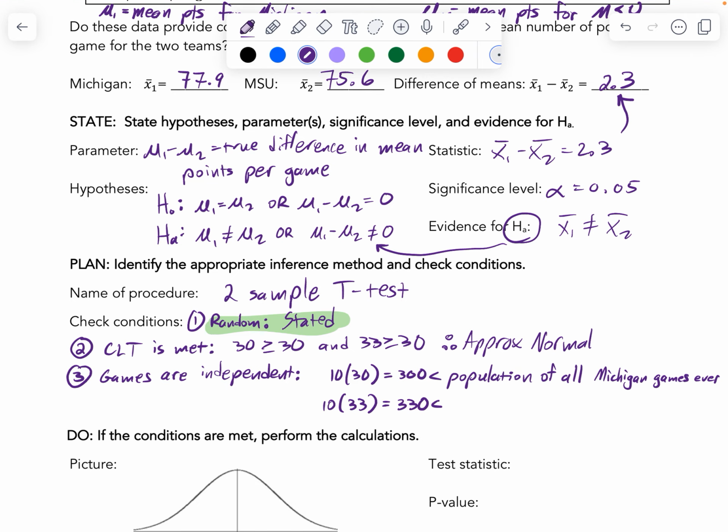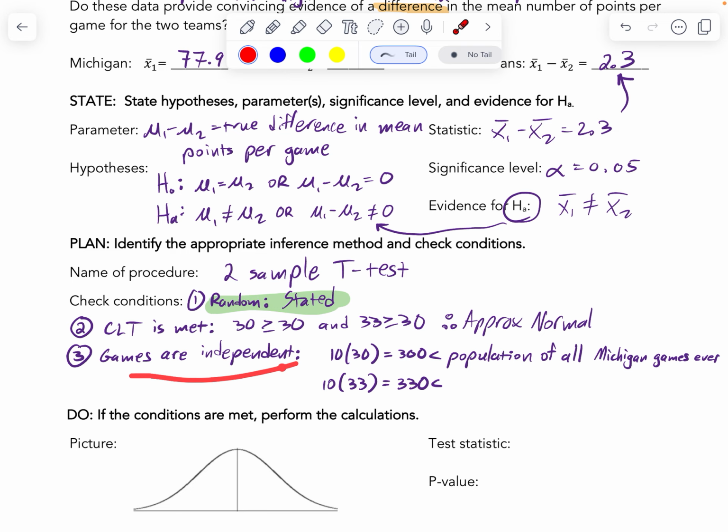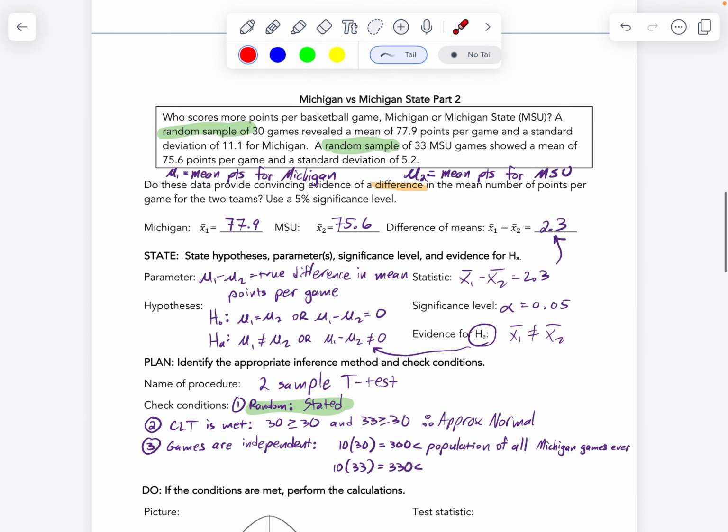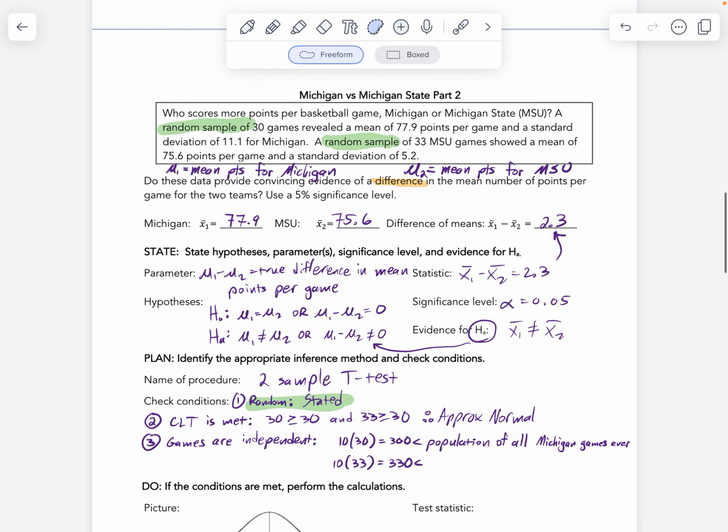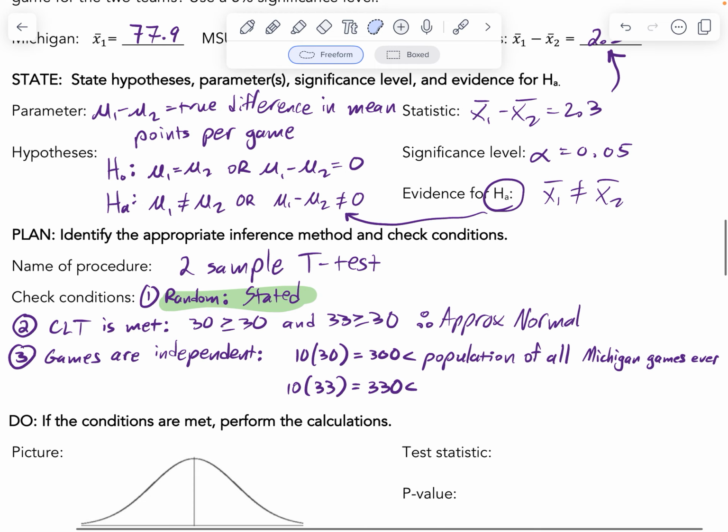Woohoo! Are the games independent? I did a little pre-work here. We've got 30 games here, 33 games here. I multiplied them by 10 to get 300 and 330. Has Michigan played more than 300 games? I put ever. I guess if we're talking all time, then yeah, this is fine.